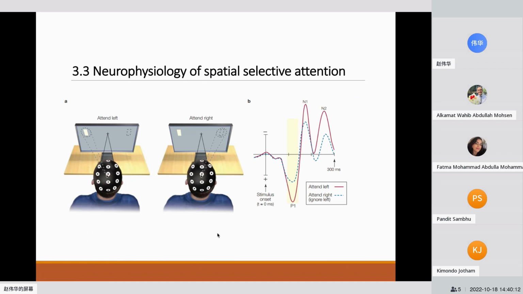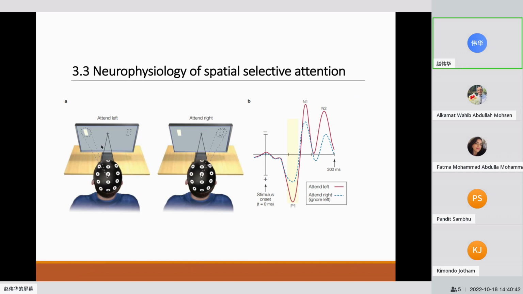The next one is about the neurophysiology of spatial selective attention. During this session, I will share a lot of experimental designs and studies, including humans and animals. So for this experimental design, the researchers investigated the neurophysiological effects of spatial selective attention.